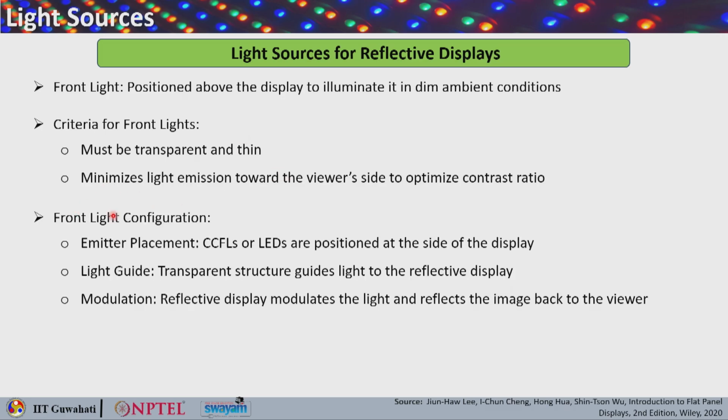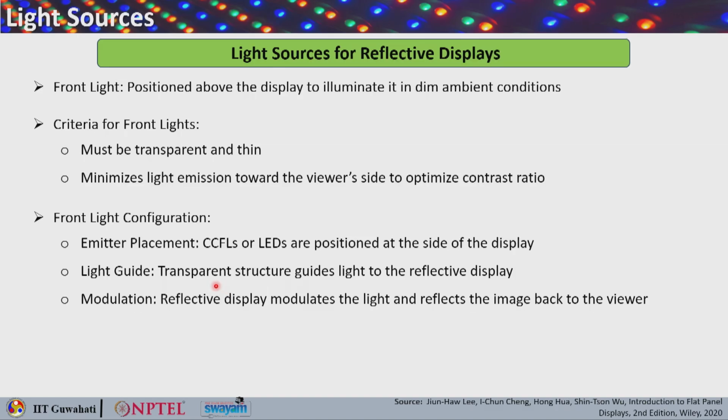So, what is the configuration of these front light panels? Okay. The emitter placement is important, like CCFLs or LEDs are positioned at the side of the display, and then you should put transparent structure light guides. Okay.